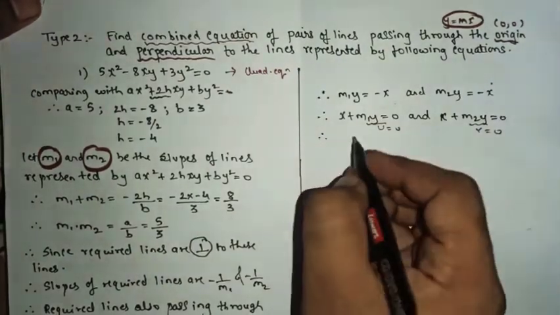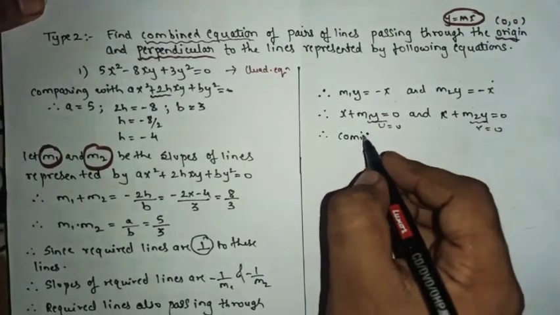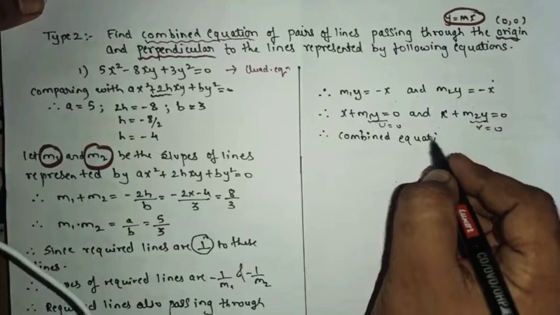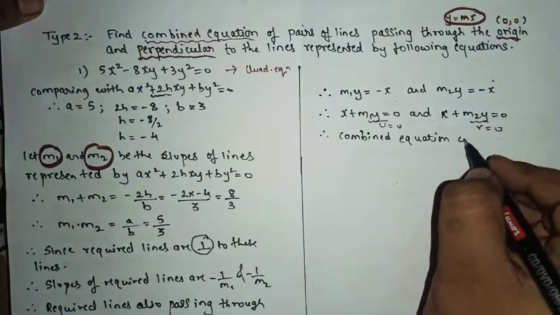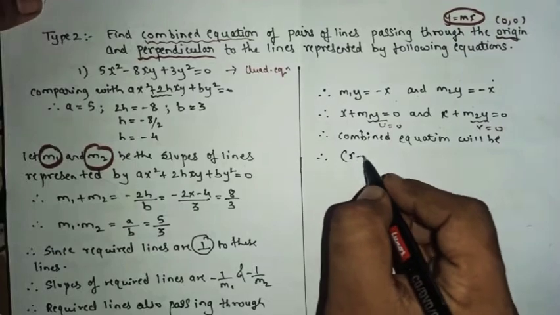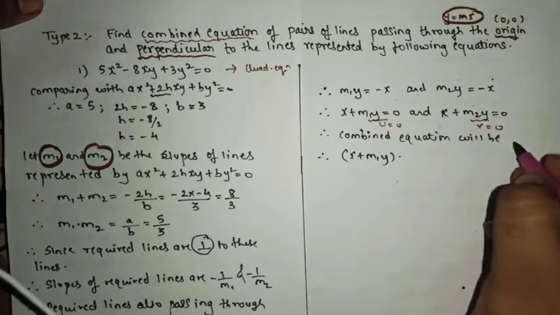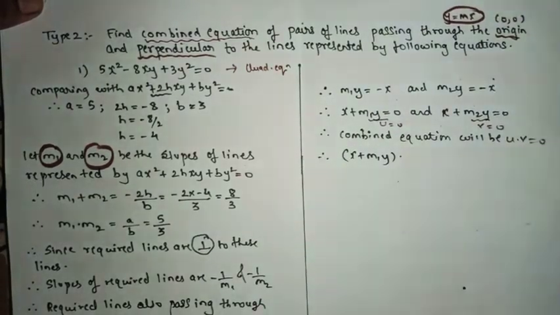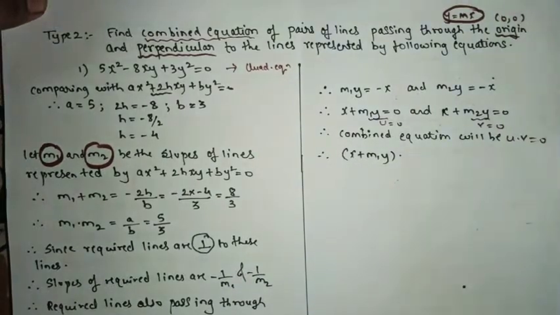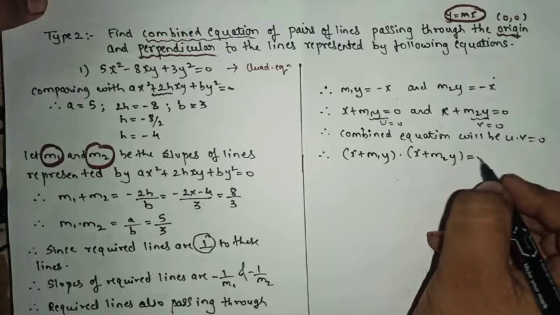So the combined equation will be u into v equals to 0, no? So here u is x plus m1y into x plus m2y equal to 0.